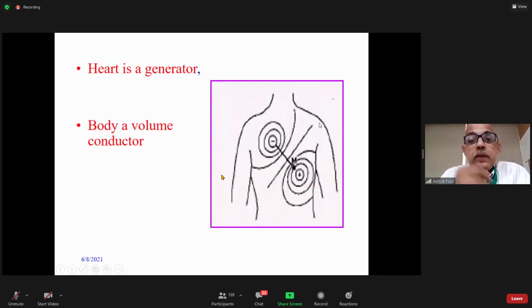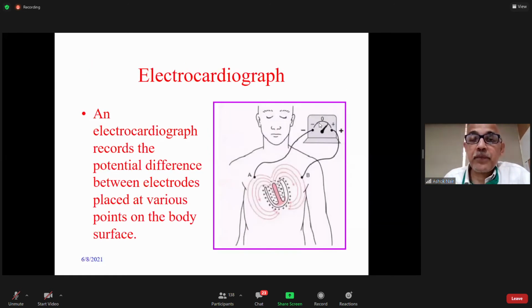Now, if you consider the heart as a dipole and generator, it generates an electrical activity. The body is a volume conductor with body fluids. So if you place electrodes on the external regions of the body, you can record that electrical activity.